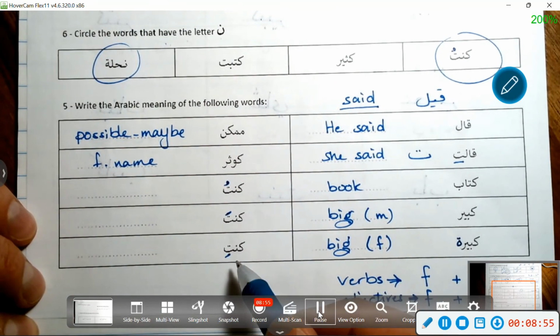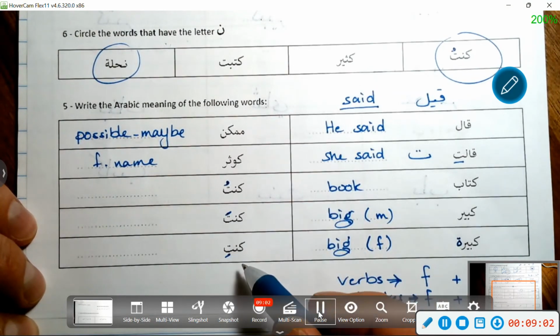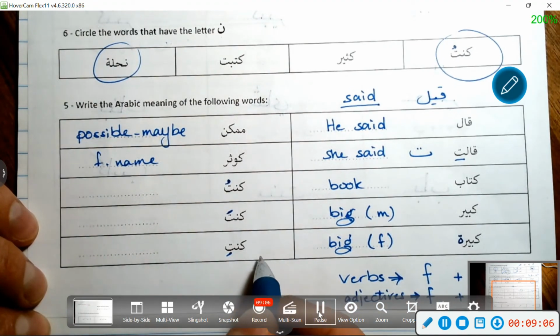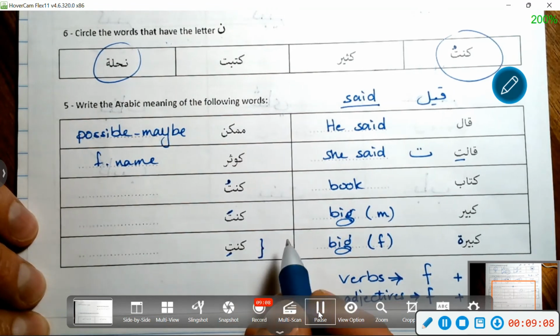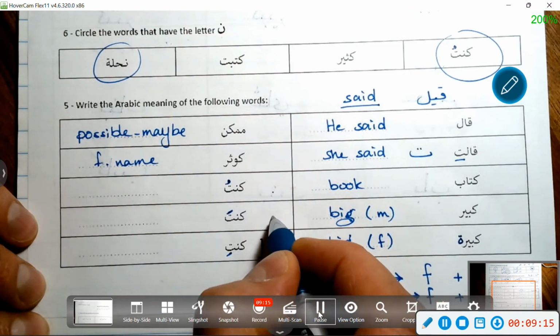Although most Arabs say kunt, and for feminine, they say kinti or kunti. So this form is still in use in spoken Arabic, but these two forms only in some of the spoken Arabic.